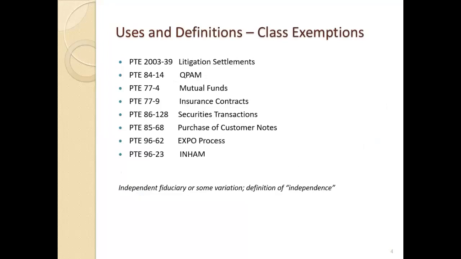So I think also I would just say that there are other examples in terms of class exemptions that are really, really helpful. But when you look at 96-23, for example, in-house asset managers, you can see where it's not necessarily an independent fiduciary, but yet there's a variation.